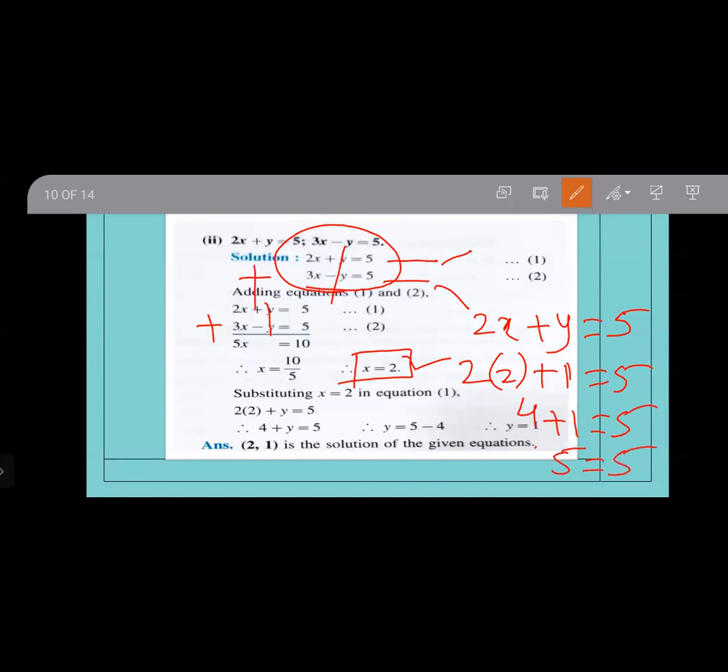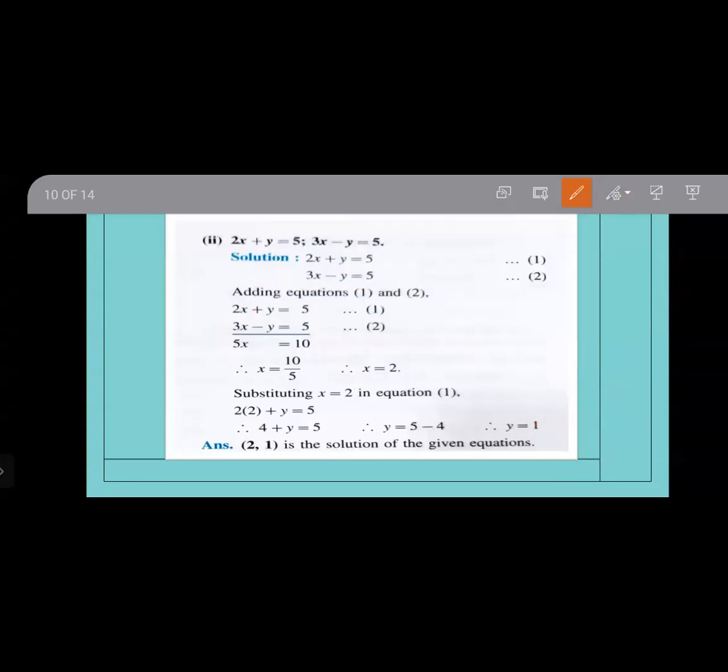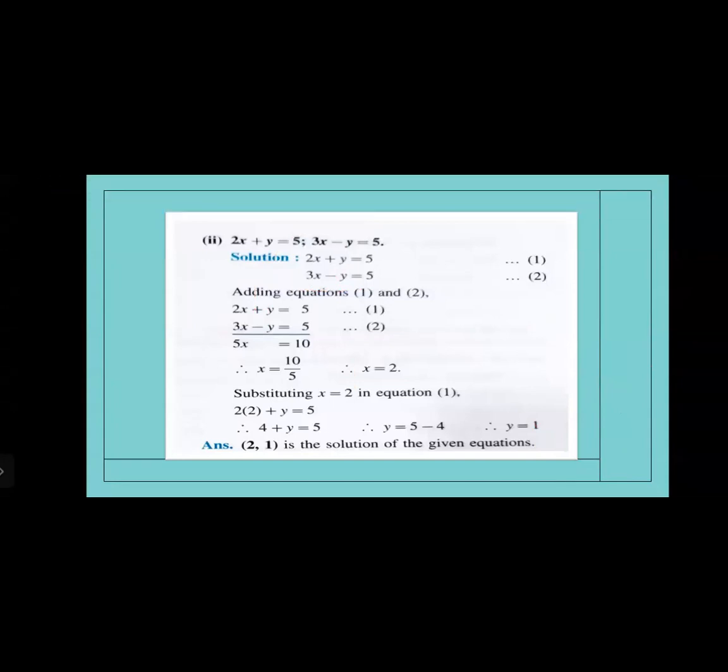See? So if you substitute in any of the equations and it satisfies, that means your answer is correct. That is the meaning of the unique common solution. So in this way you can solve by the elimination method.